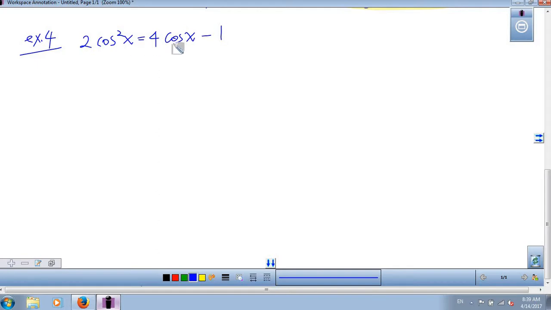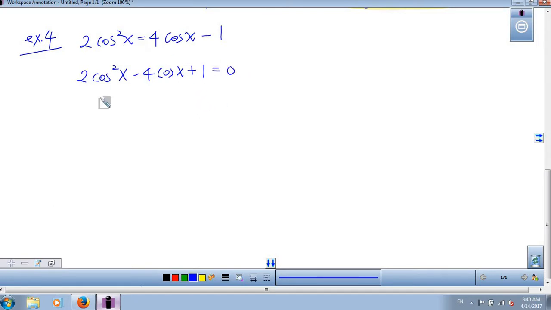And so if you treat it like that, we can look at this as a trig equation in quadratic form. It's not a quadratic equation, but it's an equation in quadratic form. Because if we treat cosine x as one variable, we can solve it using the methods and the knowledge that we have of how to solve quadratic equations.